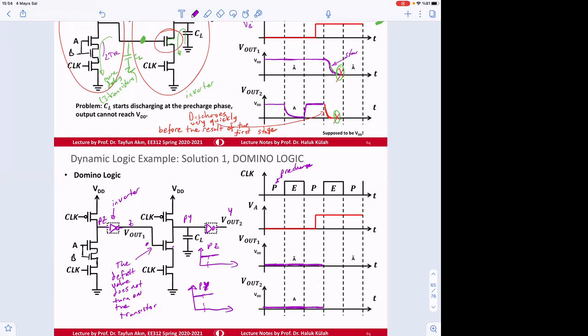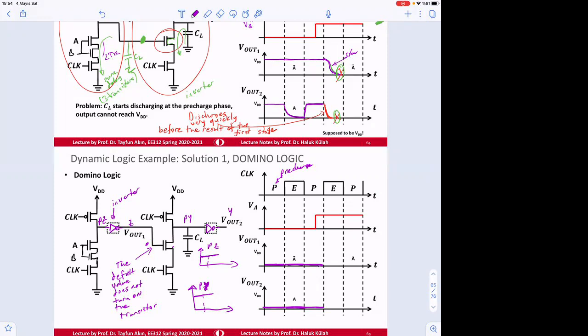But since A is now high, during the evaluation, PZ will go low and Vout1 will go high.